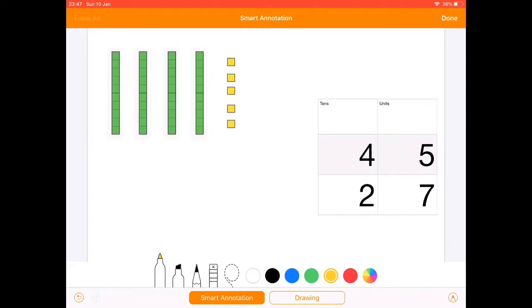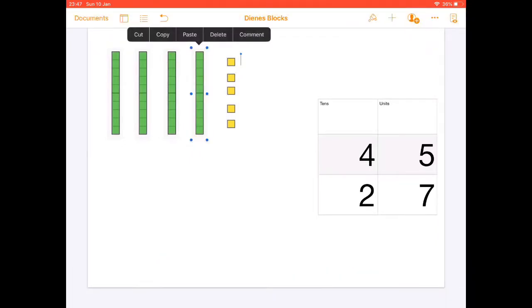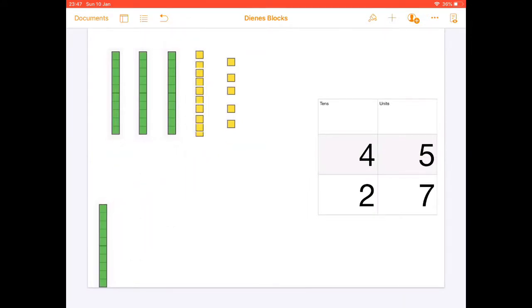So what I'm going to do is swap this group of tens here for some ones. So I'll show you. There's my group of tens, and I'm going to swap it for a group of ones. So there's still going to be 10 of them.